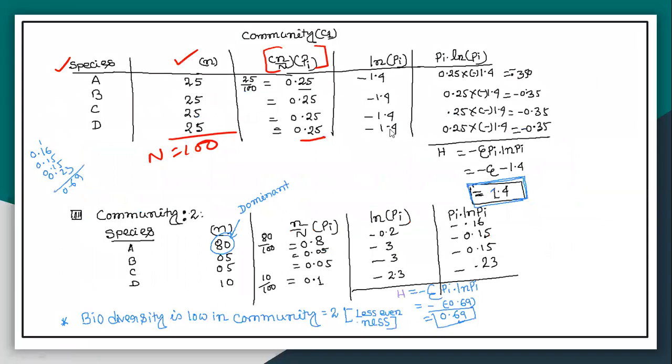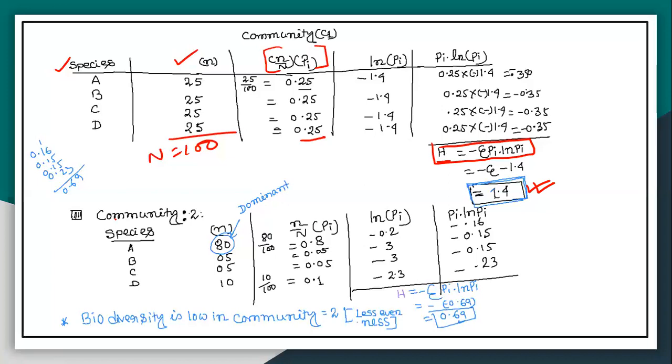Then you calculate pi into ln pi. In that way you get the total, and you have to calculate H equal to minus summation of pi into ln pi. Here the summation is minus 1.4, so with the minus sign we get 1.4. For community 1, the Shannon-Weiner diversity index is 1.4.